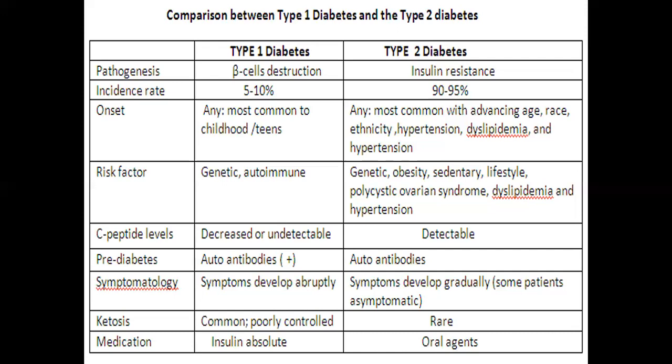So most cases actually occur at childhood, whereas type 2 diabetes mellitus risk factors are multifactorial.